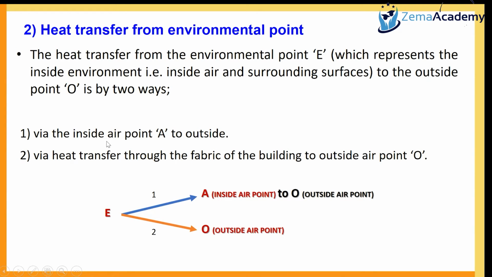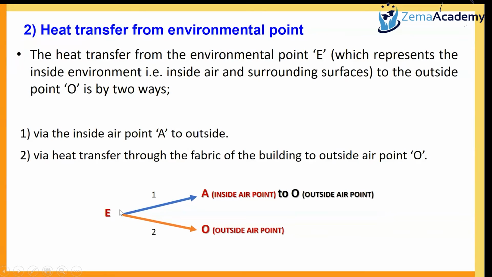First one, inside air point A to outside. Any heat that is added at the environmental point will go to the air point and from there to outside, or any heat that is added to the environmental point will be transferred through the fabric of the building to the outside air point.